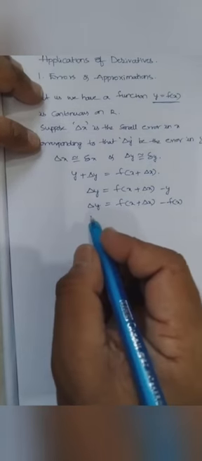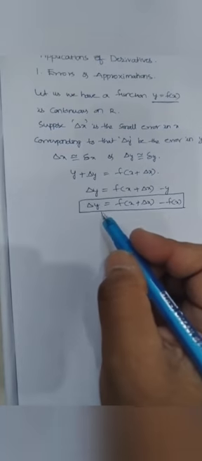This is the first formula for the error in y in errors and approximations. The formula of delta y is f of x plus delta x minus f of x. I am considering it as equation number 1.